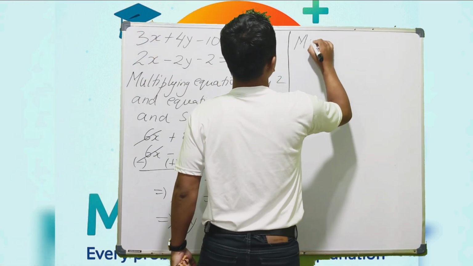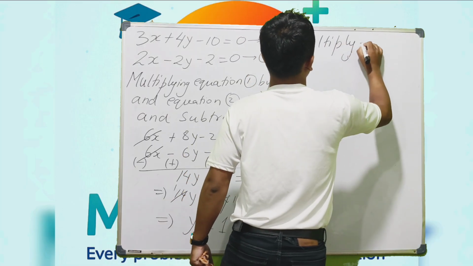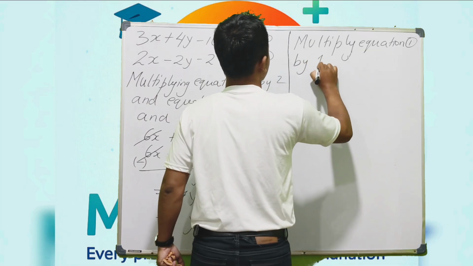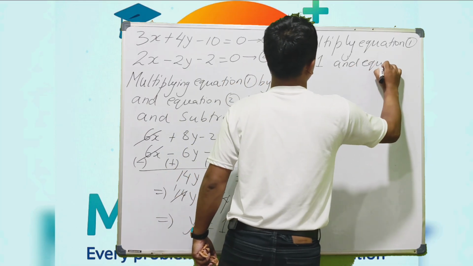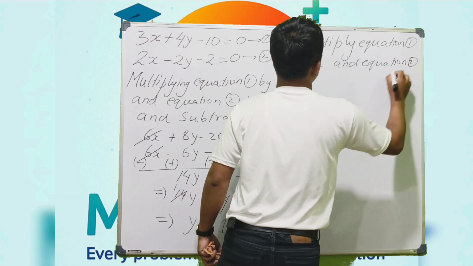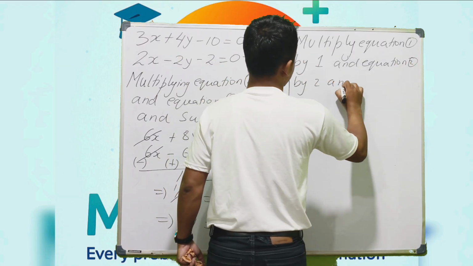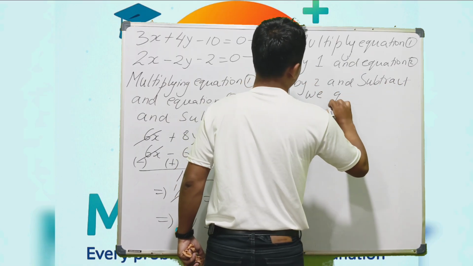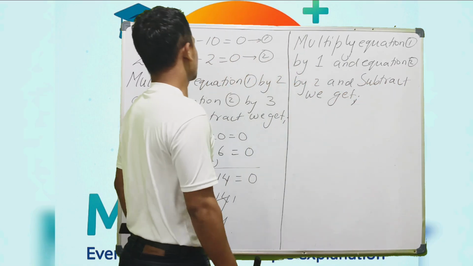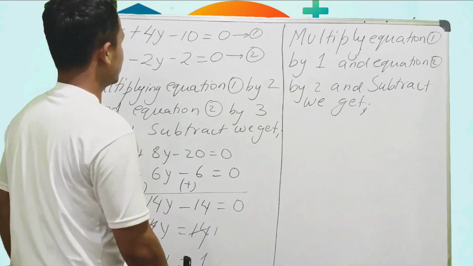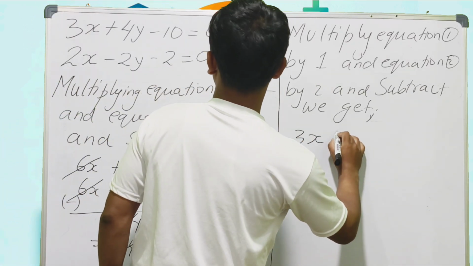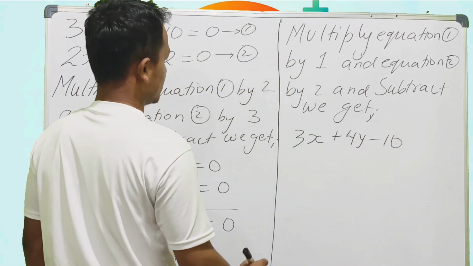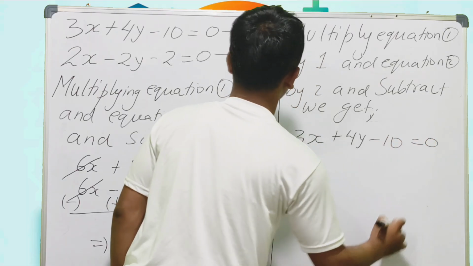Multiplying equation 1 by 1 and equation 2 by 2, we get: if you multiply equation 1 by 1, it remains 3x plus 4y minus 10 is equal to 0.